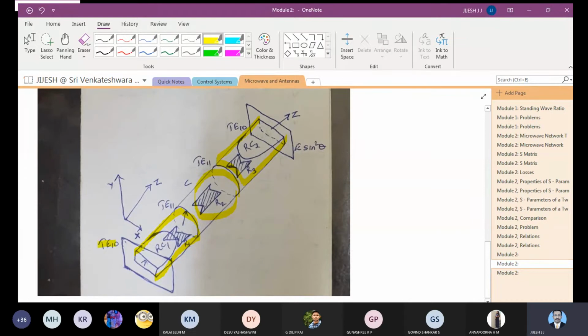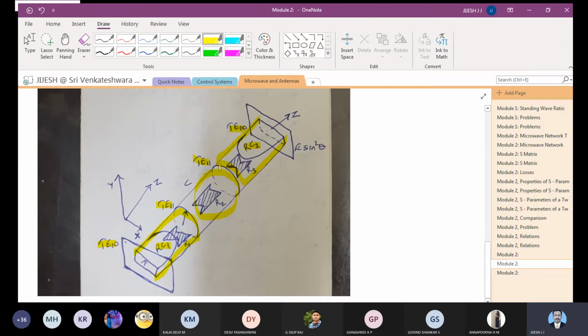TE10 mode is available at this portion. Once it moves on to the circular section, it becomes TE11, and then it moves on again to TE10 mode of operation. This is what I have told you: this is RC1, rectangular to circular, and this is RC2, circular to rectangular waveguide.